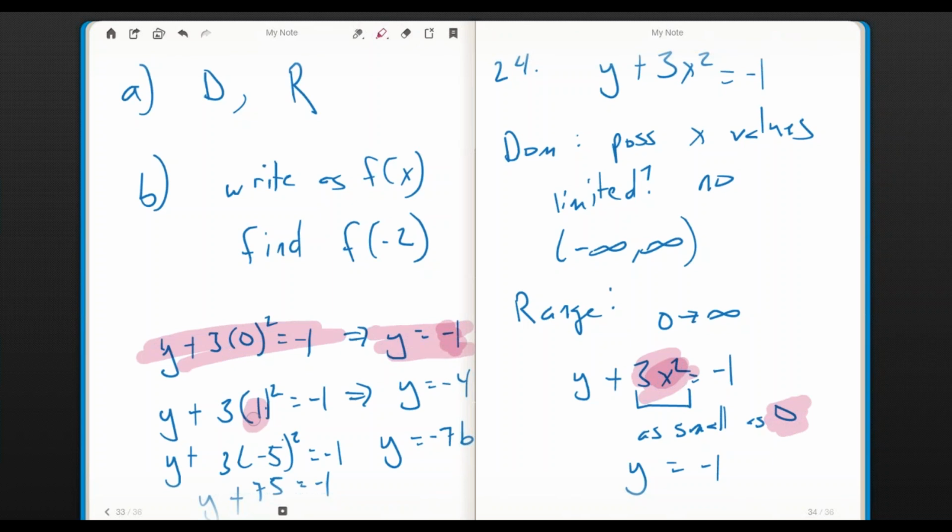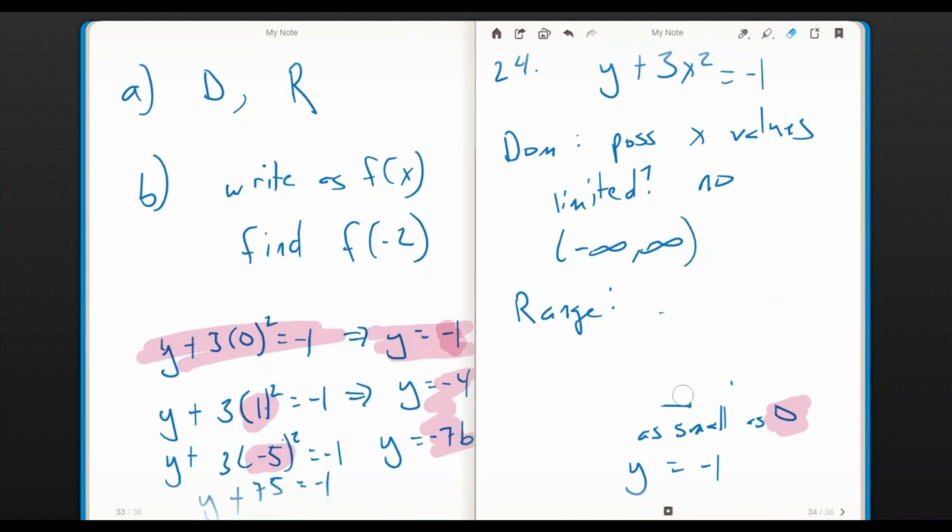Everywhere else, if x is positive, if x is negative, everywhere else, y is smaller than that. So my range, my possible y values, have to include the fact that y goes from negative infinity as high as negative 1. It can be negative 1, but it will never be smaller than negative 1. So we put a bracket on the negative 1. That's domain and range.